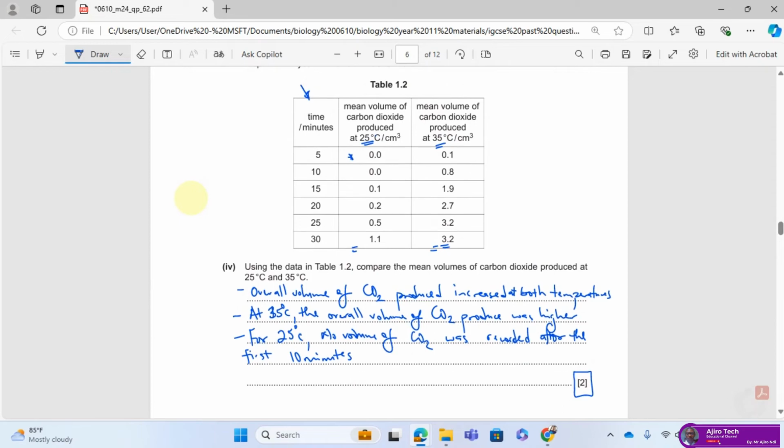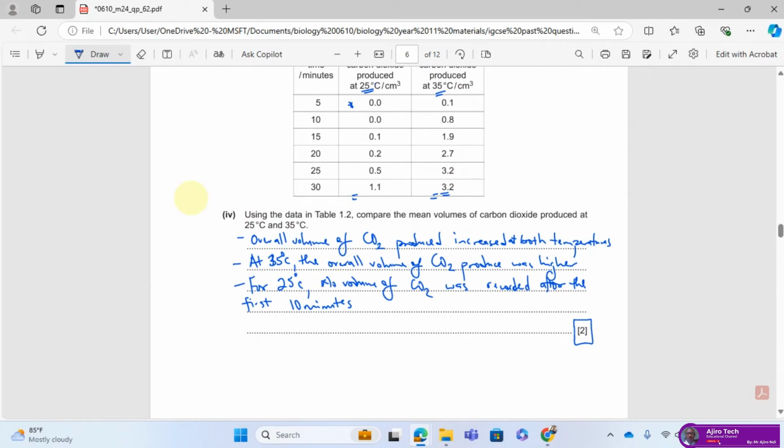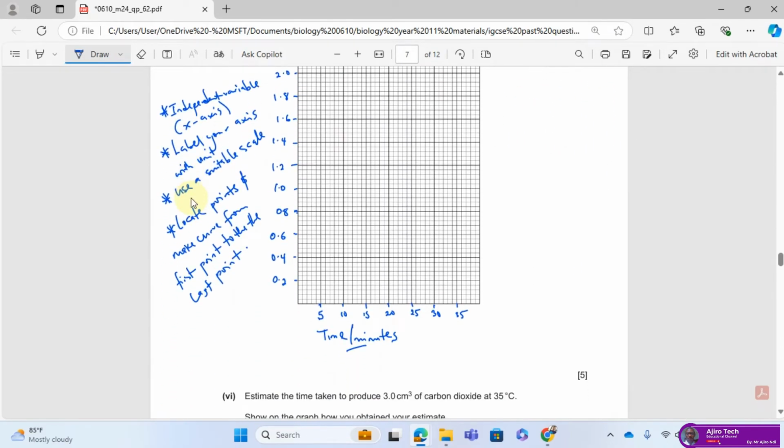Then let's look at the points. For 5 and 10 it is 0, and for 15 it is 0.1. So let's do that. At 5 is 0, at 10 is 0, at 15 is 0.1. In between 0 and 0.2, 0.1 is just in between here. Okay, so that's that for that.